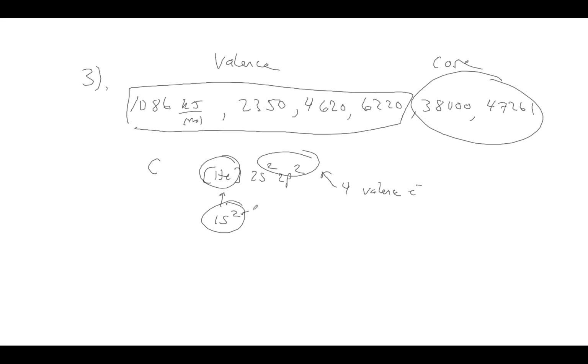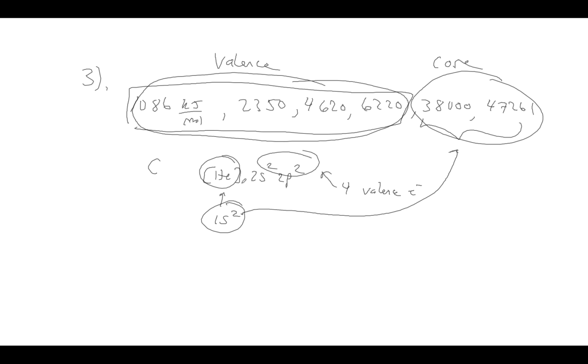Well, guess what? Those 2 electrons are described by these ionization energies, whereas these are the valence electrons, okay? And it's easier to remove those 2 p's first, right? And then the 2 s's, which are lower in energy, become a little bit harder to remove, but not to the point where they're core-like. You can see the core-like electrons have very high ionization energies, right?